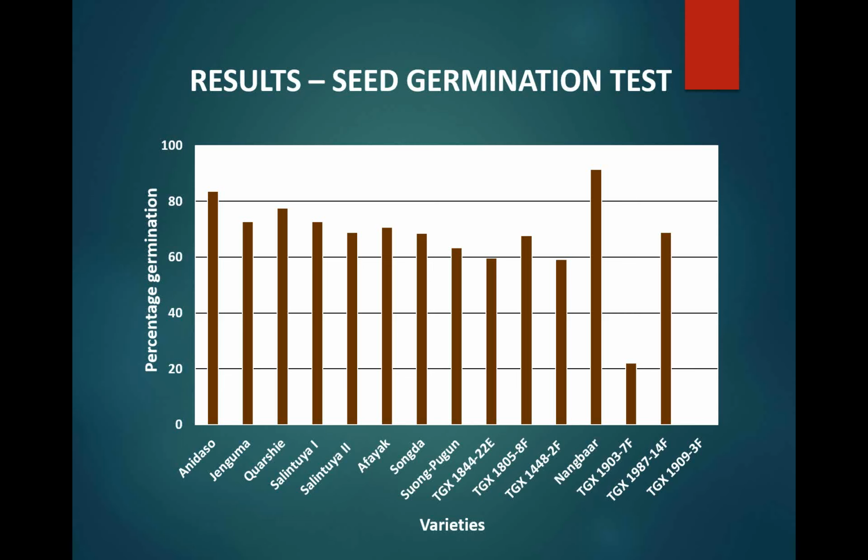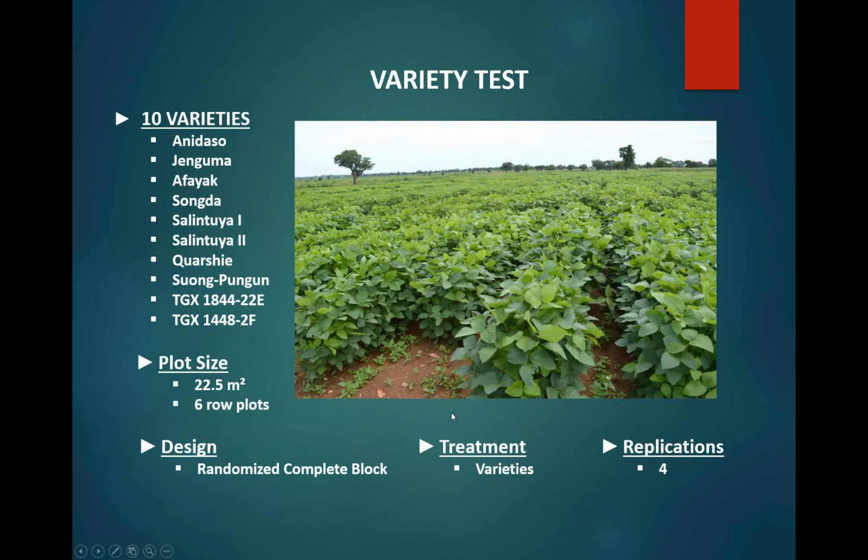I would want to mention that 5 varieties were collected from Kumasi, that is CRI, which were also added to this, making 15 varieties that were tested. Now, for the variety tests, we had them located in 3 locations.